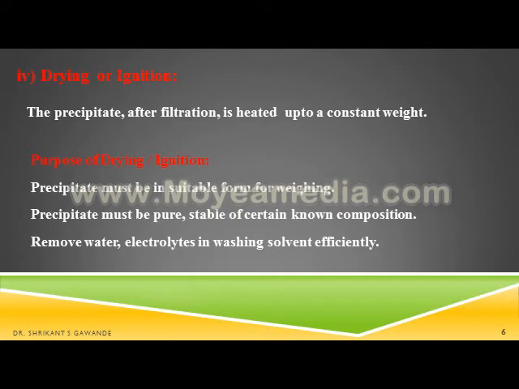The fourth step of gravimetric analysis is drying or ignition.